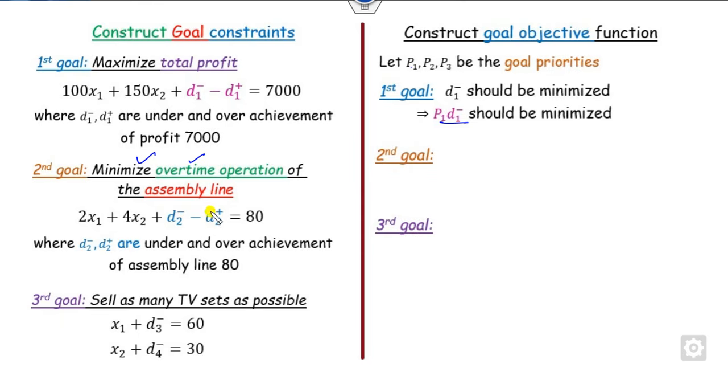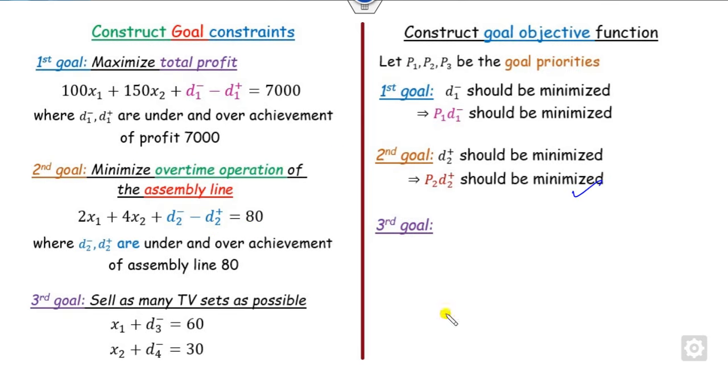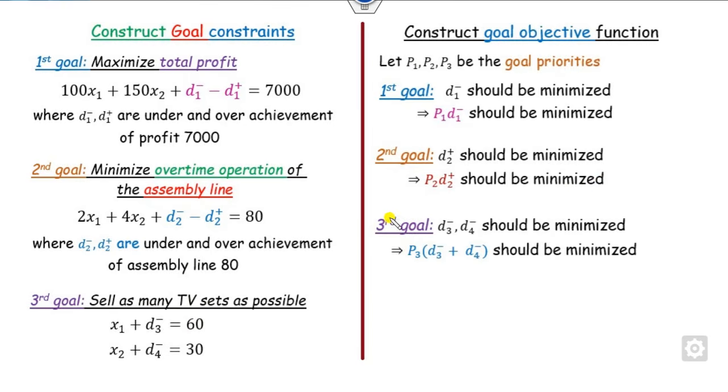So you have which one is satisfied, either is less than 80 satisfied or greater than. So you have to minimize this overtime capacity. So the capacity is 80, so this will be satisfied. So it will not satisfied means your target is to minimize this, the D2 positive are there. Sell as many as the target you have. So it means your target is to minimize of this.